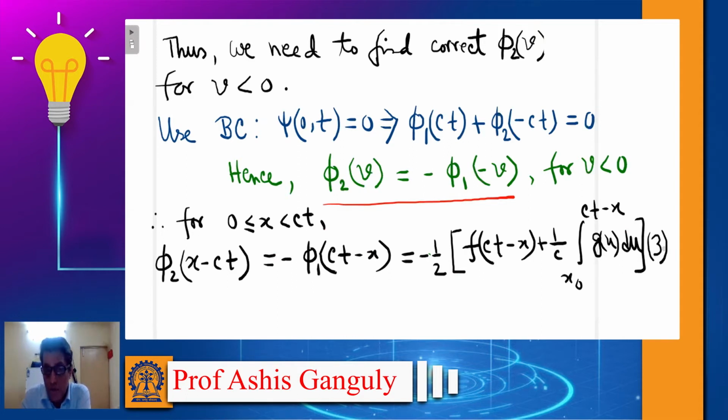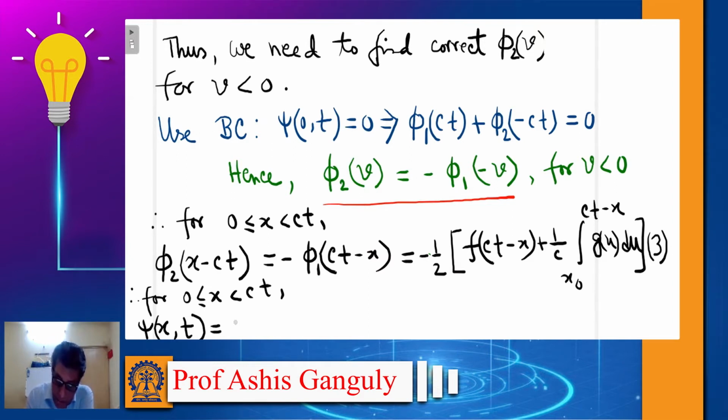So now we correct phi 2. We got the correct expression for phi 2 for x less than ct. So for x less than ct, we can write down the solution. Therefore, for 0 less than or equal to x less than ct, psi(x,t) will be phi 1(x plus ct) plus phi 2(x minus ct).